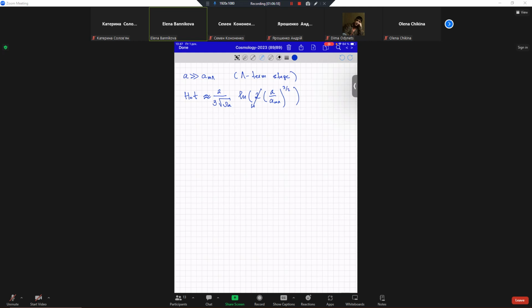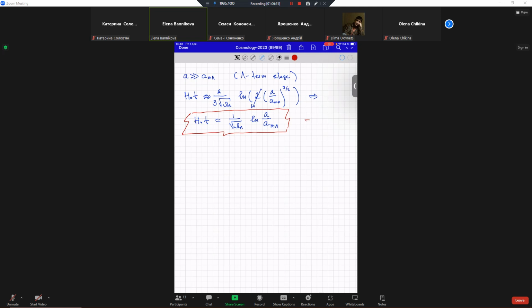So approximately like this, H0 t, and look, 2 divided by 3 disappeared, so this is 1 divided by square root omega_Λ, logarithm of a divided by a_mΛ. So this is the relation between cosmological time and scale factor.